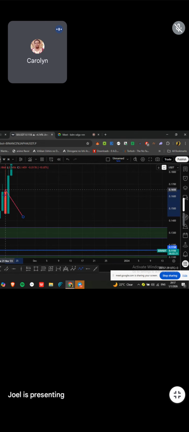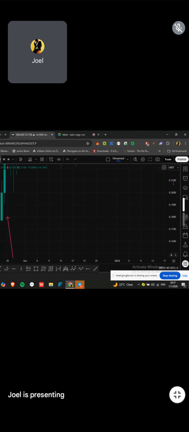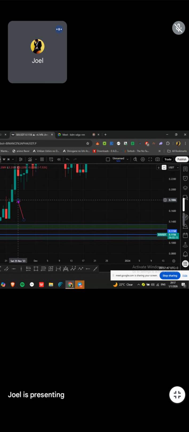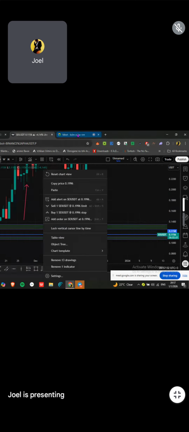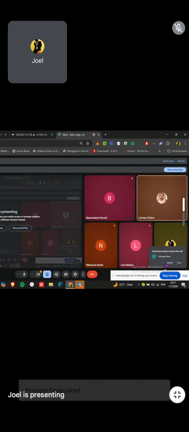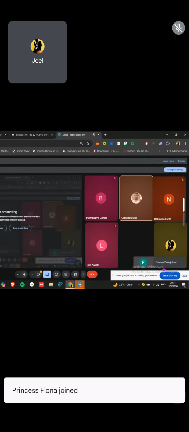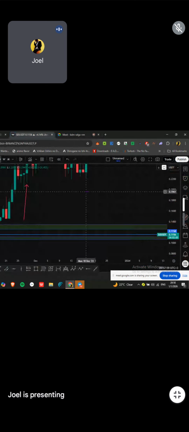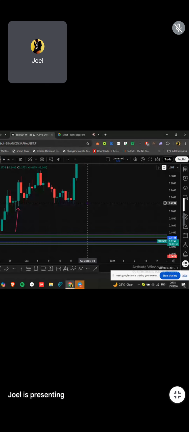Push price up, and then it came back down, and then boom, it continued. And it continued. It's always the previous candle before the sharp move.